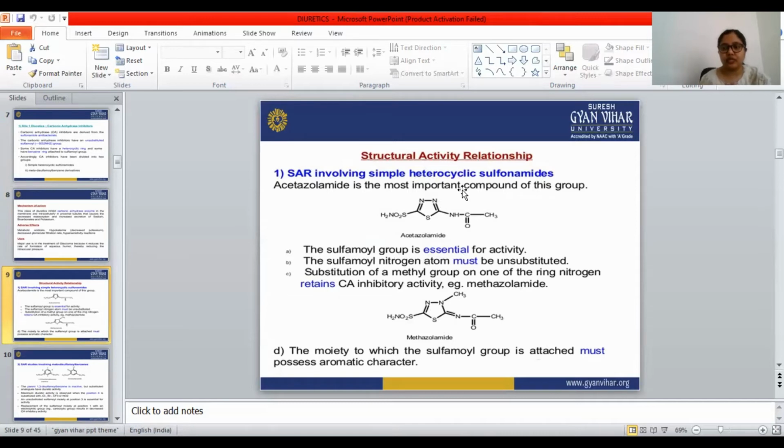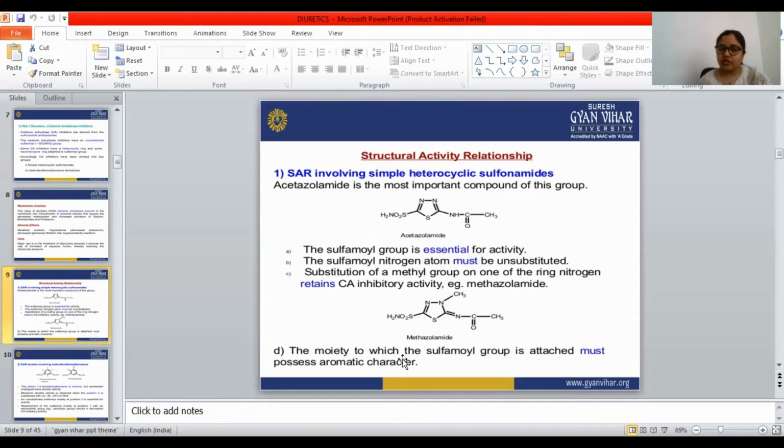If we substitute a methyl group at the ring nitrogen, that also shows carbonic anhydrase inhibitor activity, and the example is methazolamide. Methazolamide is also a carbonic anhydrase inhibitor drug, and the same for acetazolamide.